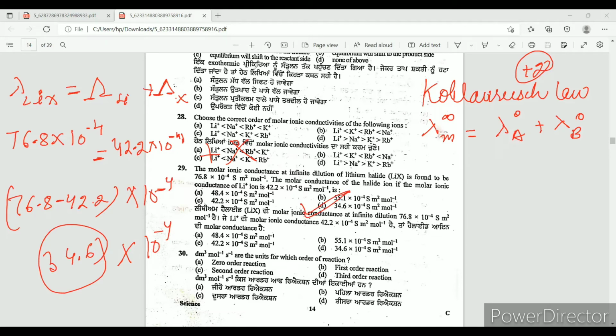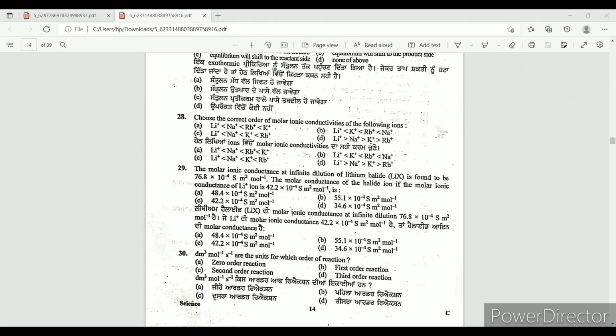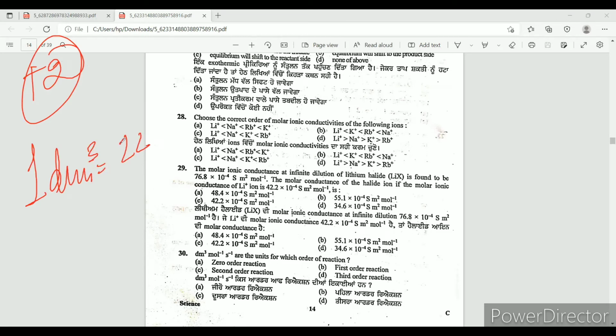Now moving to the next one, the 30th question. Decimeter cube, mole inverse, second inverse are the units for which order of the reaction? Again, the question is from chemical kinetics and the class is +2. We know that 1 decimeter cube is equal to 1 liter. So substituting, it is liter, mole inverse, second inverse.